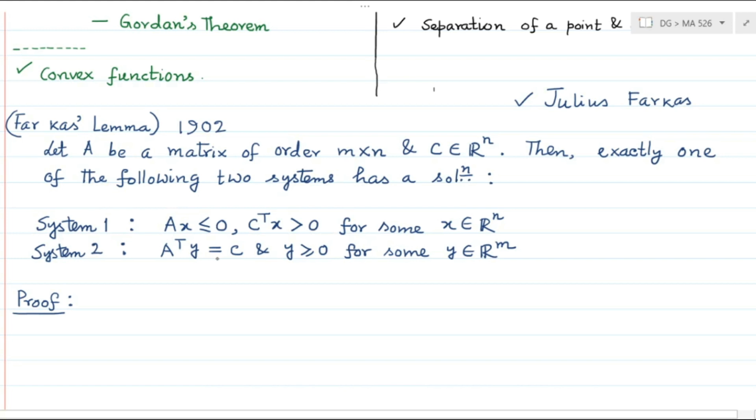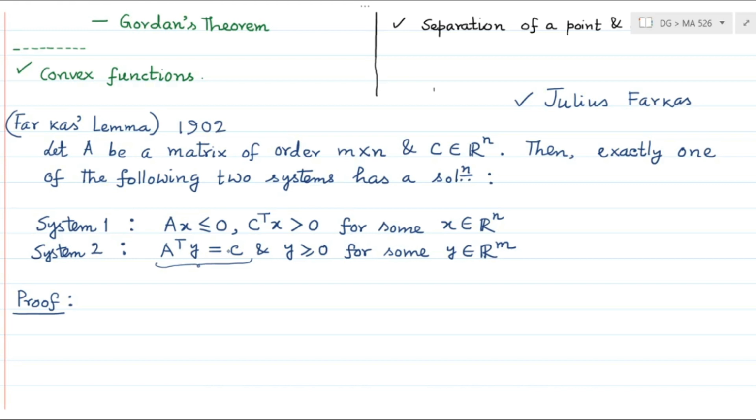Rather, system 2 is easy to check, because system 2 involves solution of A transpose y equals c. This is a system of linear equalities. Feasibility of a system of linear equalities is a little easier to check than feasibility of a system of linear inequalities, because for it the Gaussian elimination process is there, where you apply elementary row operations on the matrix A transpose, or on the augmented matrix A transpose and c, and then you can check whether this system has a solution.